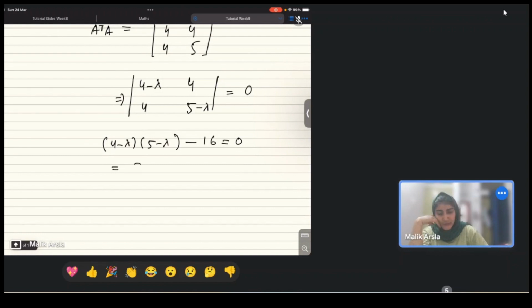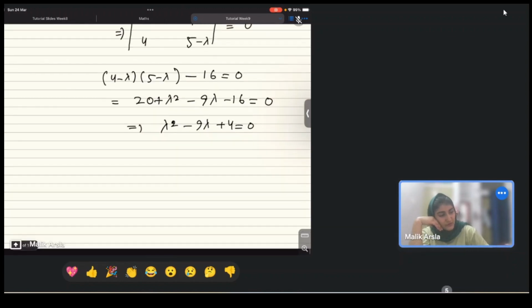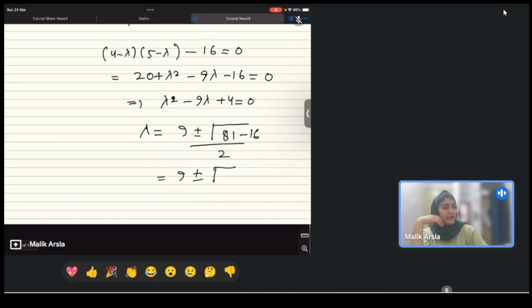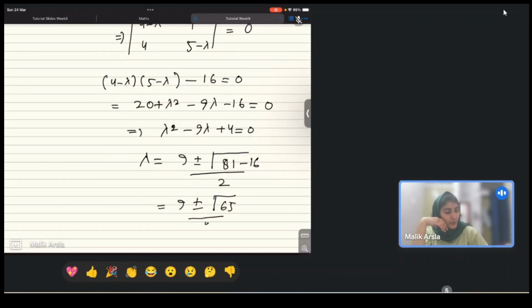It would be 20 plus lambda square minus 5 lambda minus 4 lambda, 9 lambda minus 16 is equal to 0, so lambda square minus 9 lambda plus 4 is equal to 0. So lambda will be 9 plus minus under root of b square minus 4ac, that is 81 minus 16, divided by 2. It will be 9 plus minus under root of 65, upon 2.